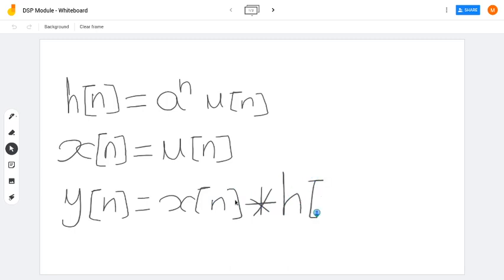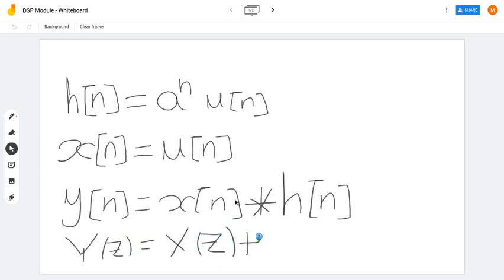Then we use the Z transform property, which says linear convolution in time is a multiplication in Z domain, so y of z equals x of z times h of z.